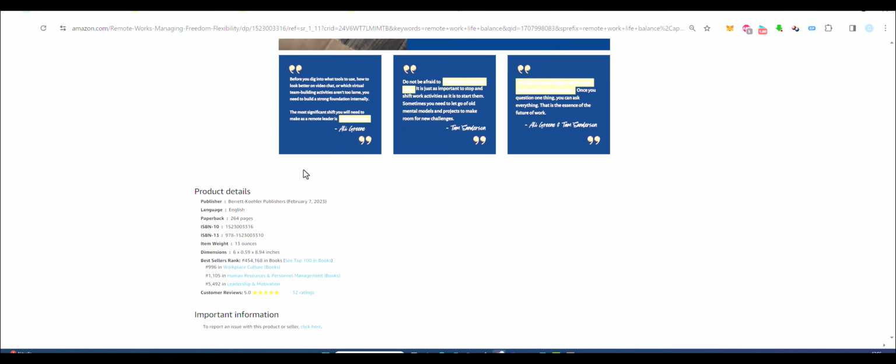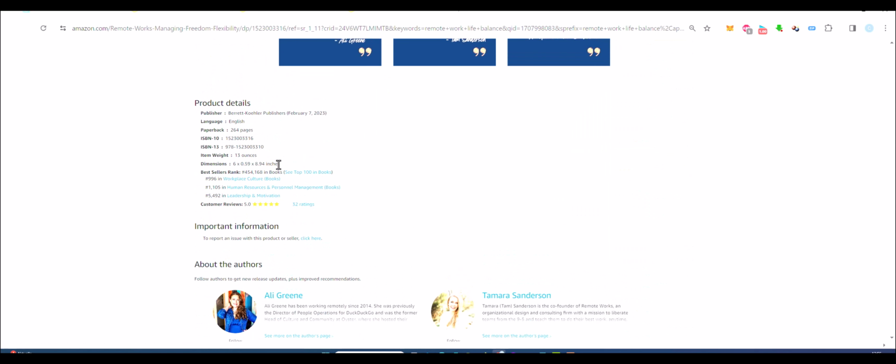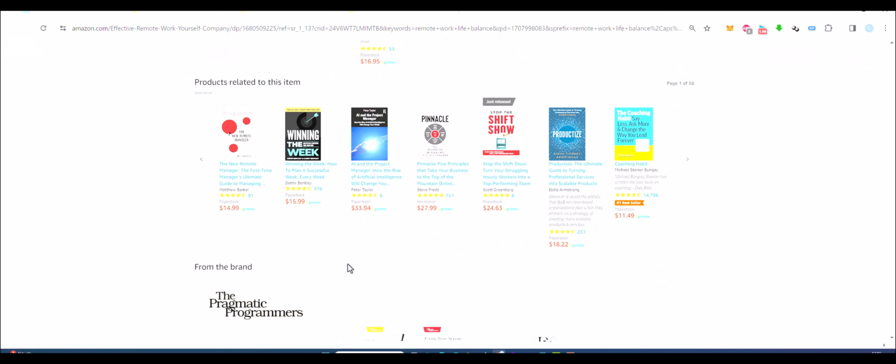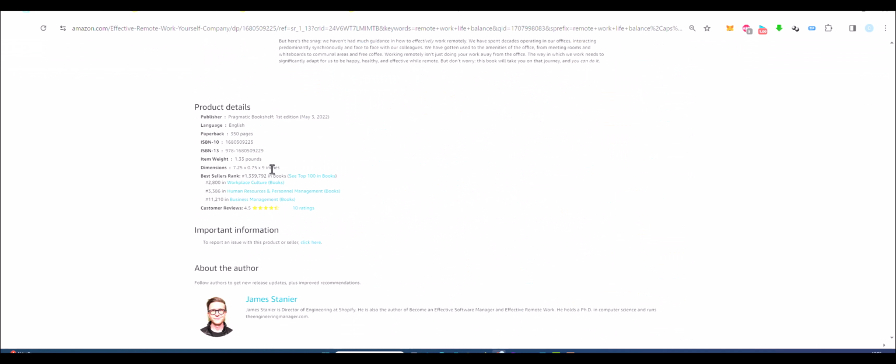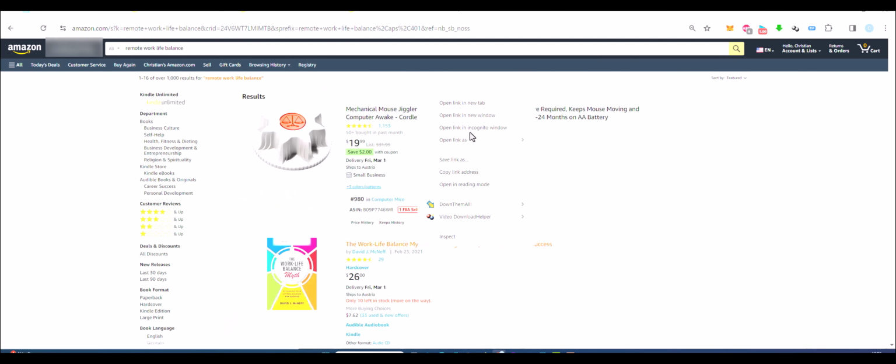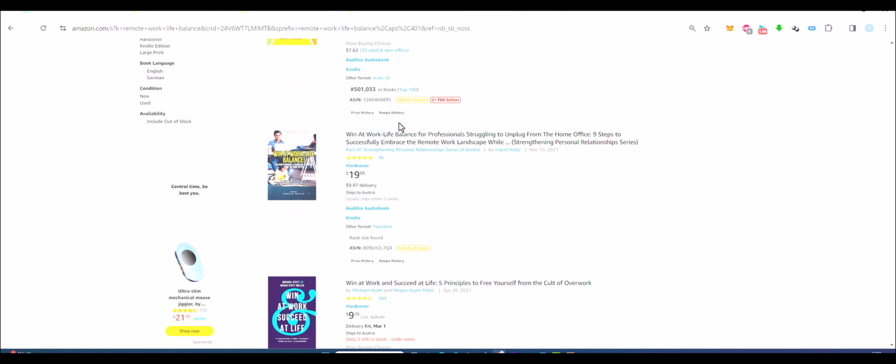Just to look down here. That is these hours, a bit higher than I want. What about here? That's also pretty high. Let's look at this one. Let's look at this one too.